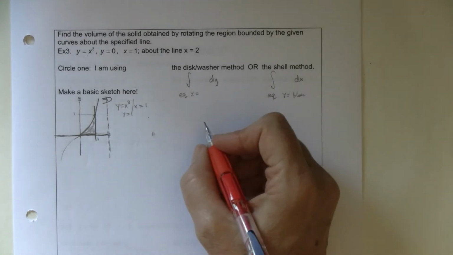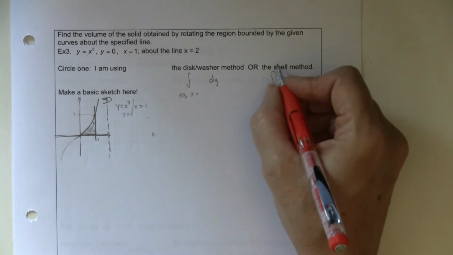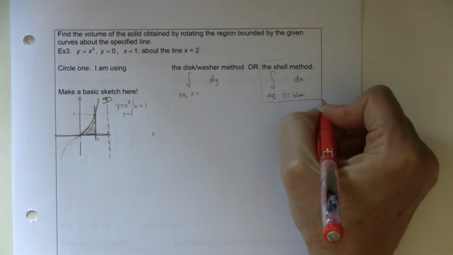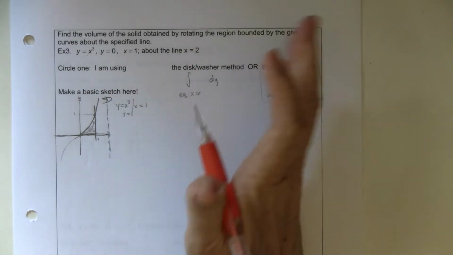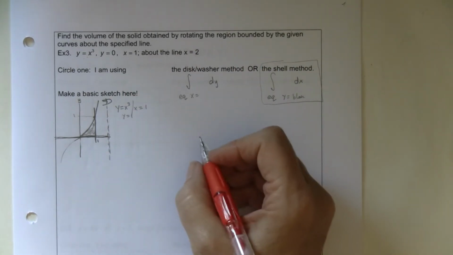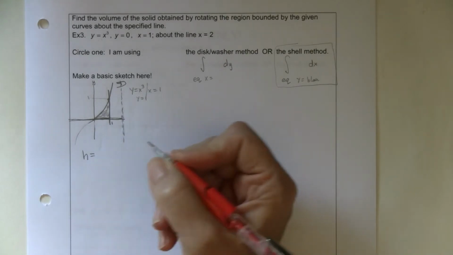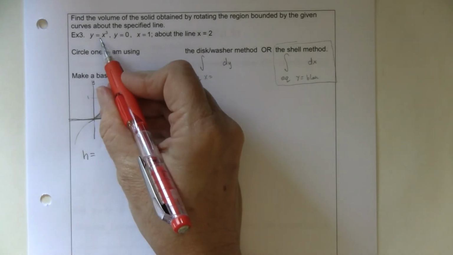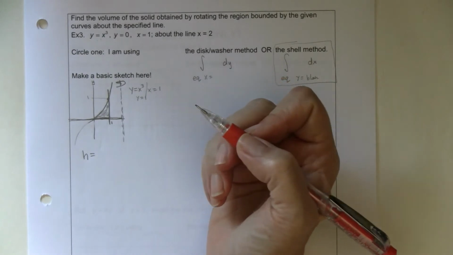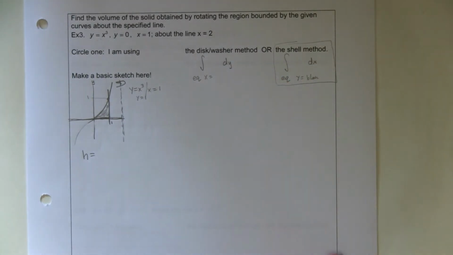So if I decide to use the shell method, then I need to identify what h is. So that's what I'm going to be thinking here: what is h? And a lot of times when your equations solve for y, that h is top curve minus bottom curve.